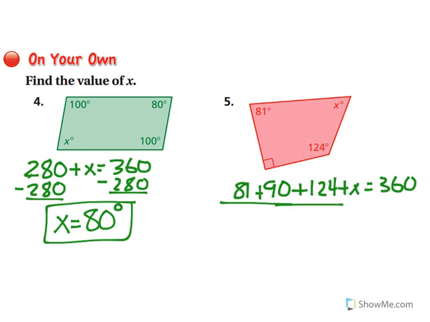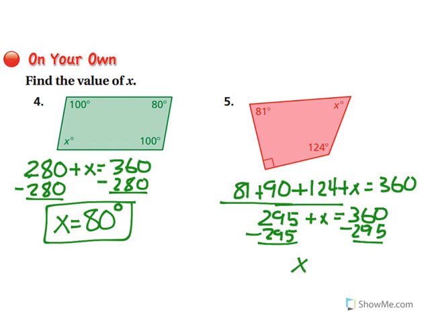Yeah, the three numbers together, we end up getting 295 plus x equals 360. Subtract 295 from both sides. And we get x equals 65 degrees.